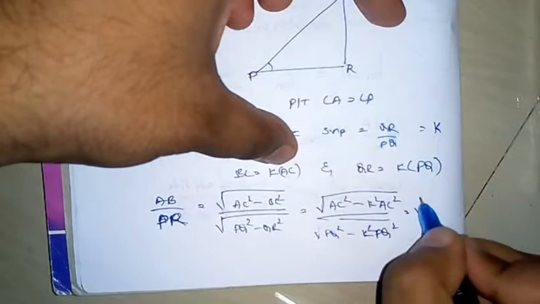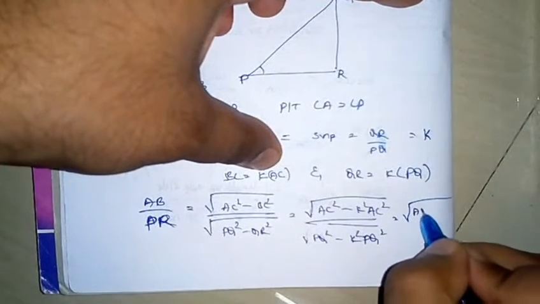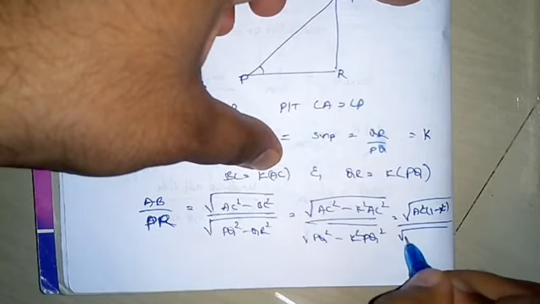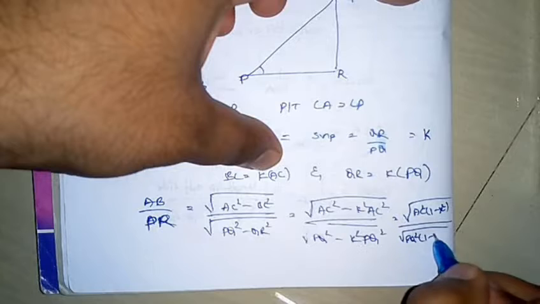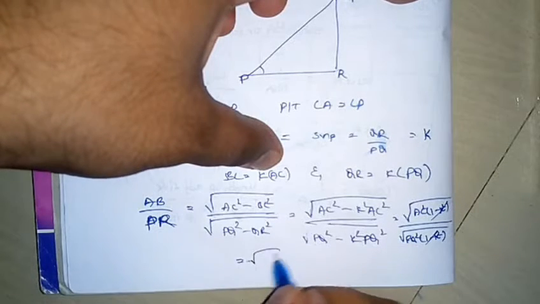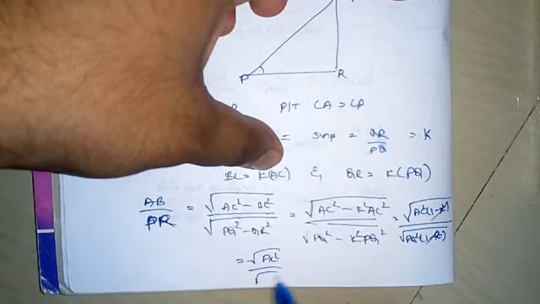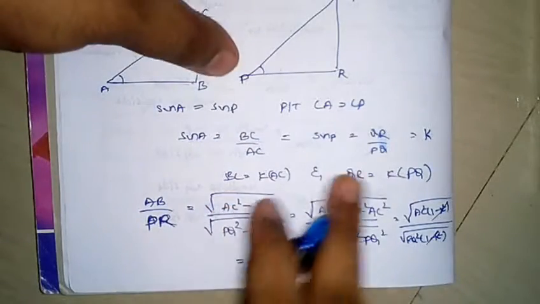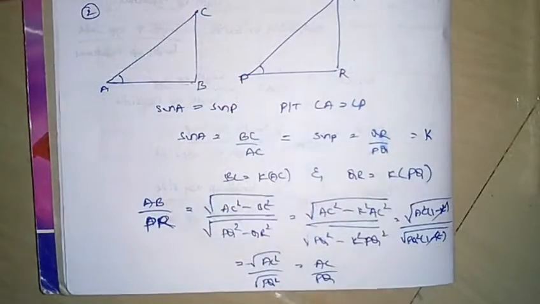So this will be equal to under root AC square into 1 minus K square, by under root PQ square into 1 minus K square. You can cancel this 1 minus K square, and this will be equal to under root AC square by under root PQ square, which is equal to AC by PQ. So you got AC by PQ.